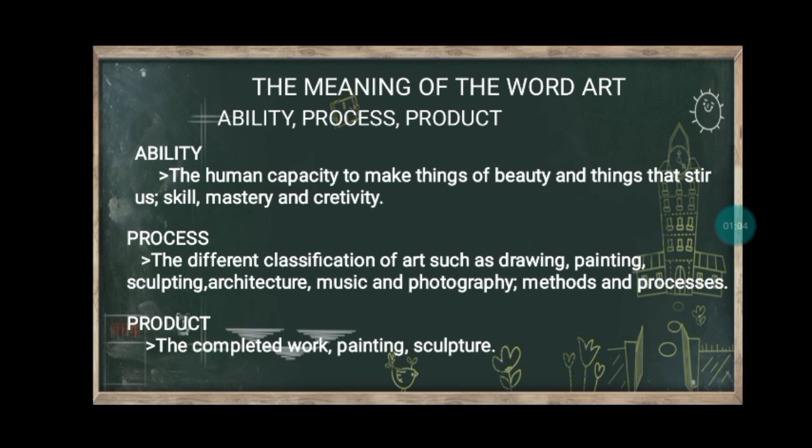Process: the different classification of art such as drawing, painting, sculpting, architecture, music, and photography. Method and processes. Product, the third is product: the completed work, painting, sculpture.